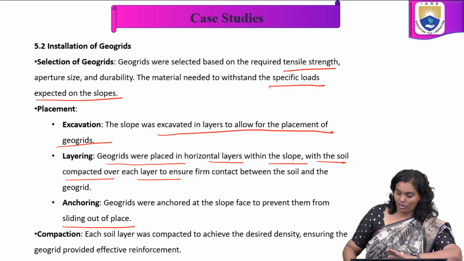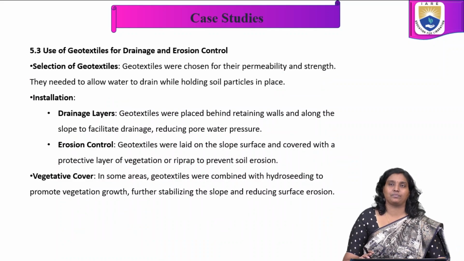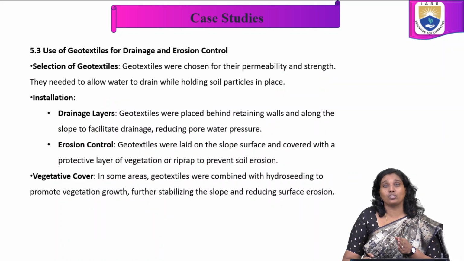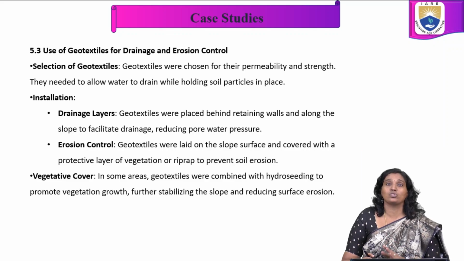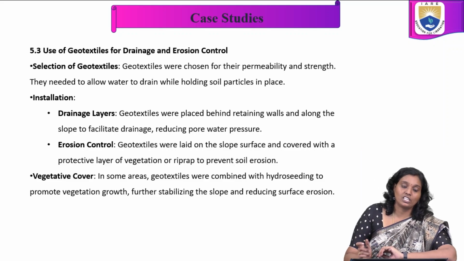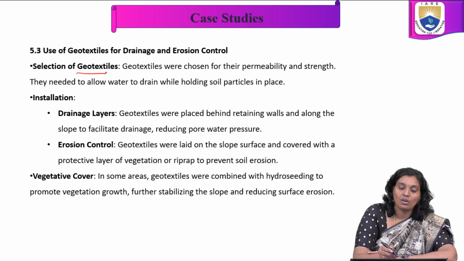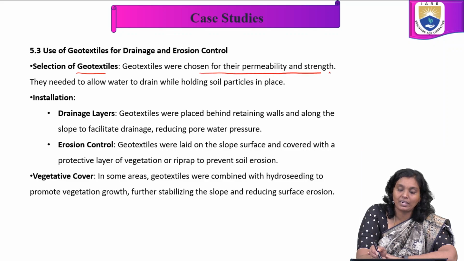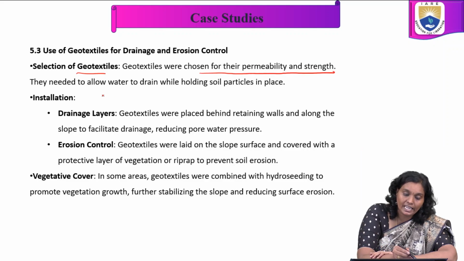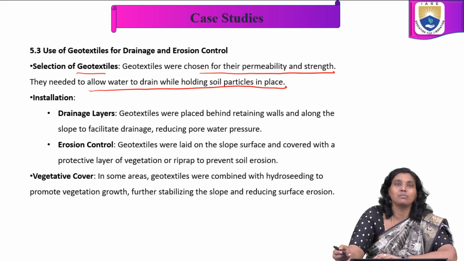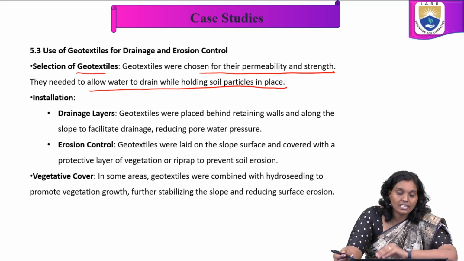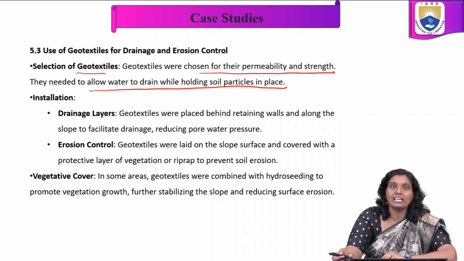This is how we install these. In the use of geotextiles for drainage and erosion control, geotextiles were chosen for their permeability and strength. They needed to allow water to drain while holding soil particles in place. In installation, there are drainage layers and erosion control.